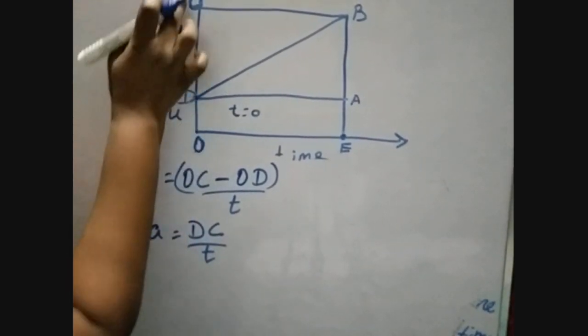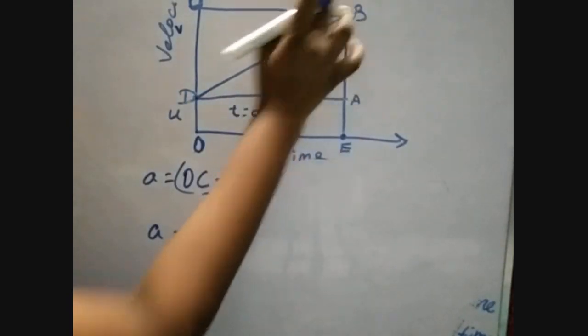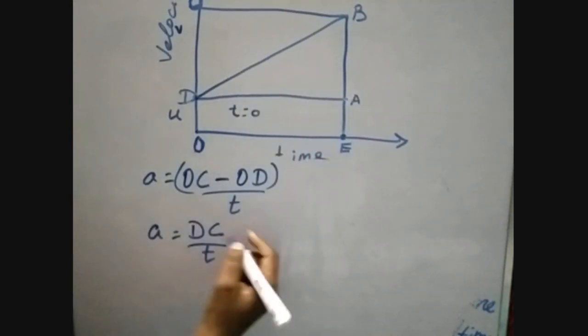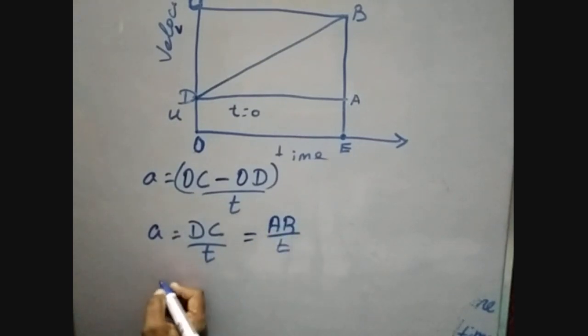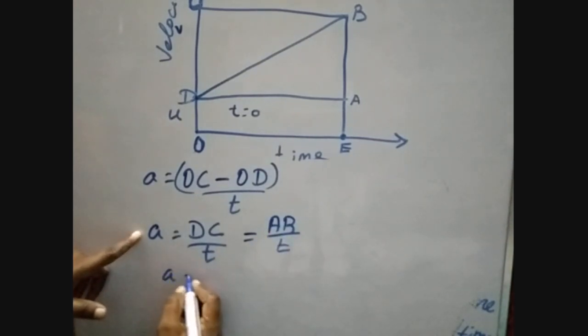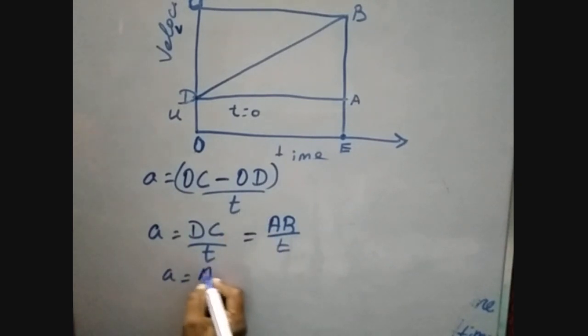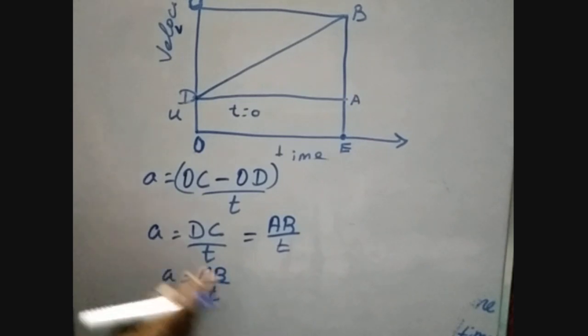Now, this DC portion is equal to the AB portion. So, instead of DC we can substitute AB. So, small letter a equal to AB by T. From this, find out the value of AB.